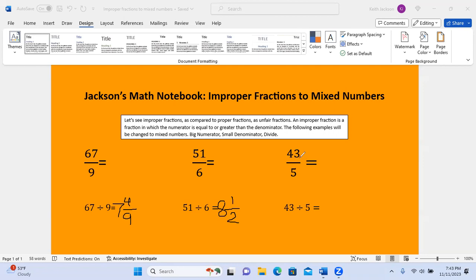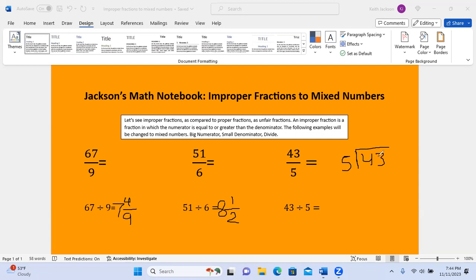But in the meantime, let's work out 43/5. And we'll just read it like this. 43 divided by 5 is actually 43 in the box divided by 5. And it's amazing that 5 will still be in the denominator. And so let's go ahead and work this out.